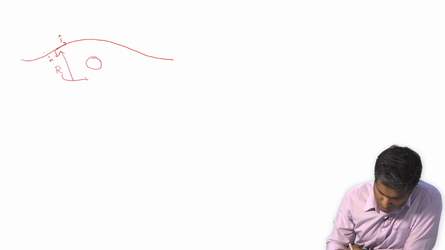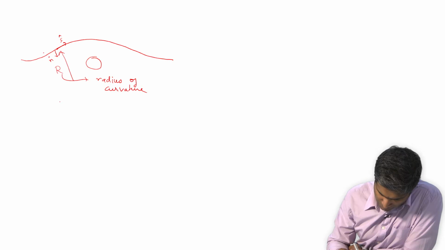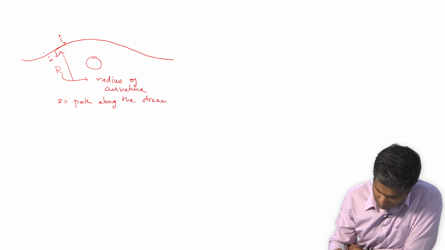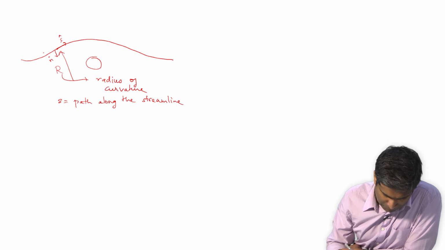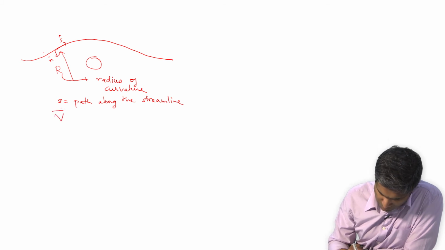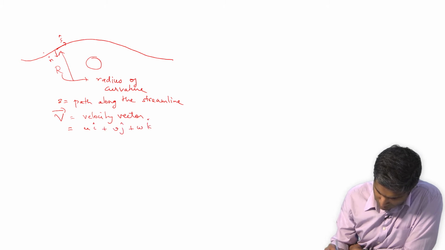So once again, this R is the radius of curvature. S is my path along the streamline. And let's say V is my velocity vector, which is u i plus v j plus w k.